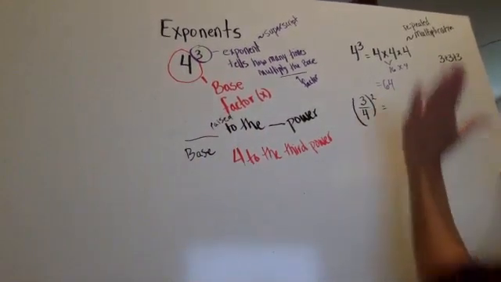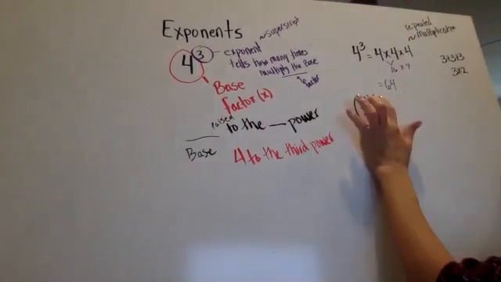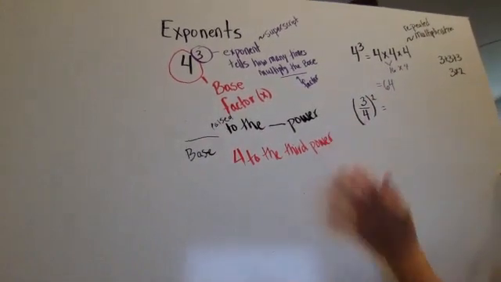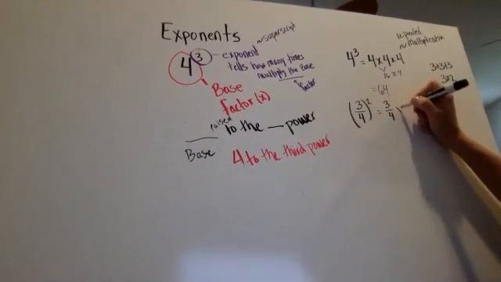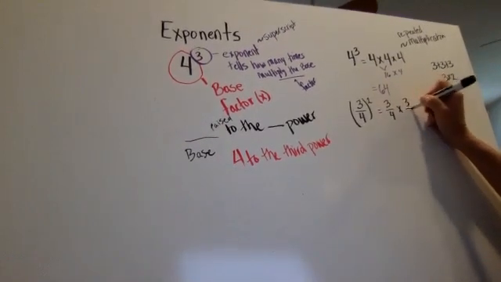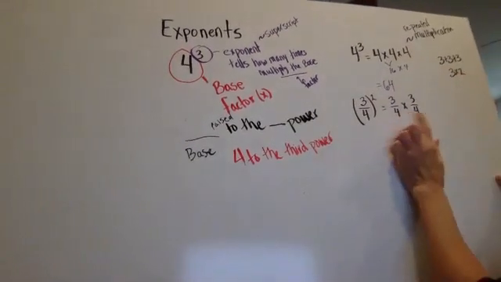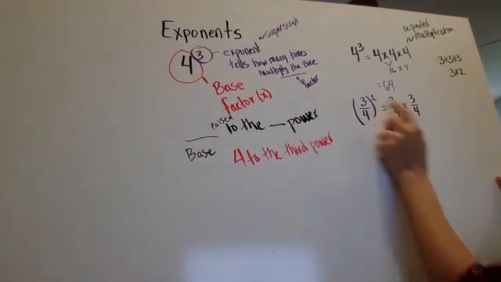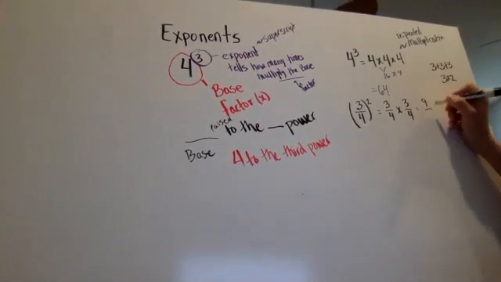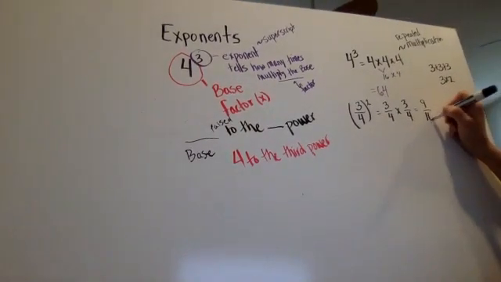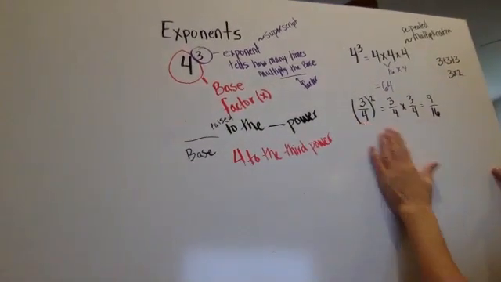I like that the number's up; it reminds me to use that word raised. So what does that mean? It means 3/4 times 3/4. I'm going to use that base 2 times. So that would be 9/16, and that would be 3/4 to the 2nd power.